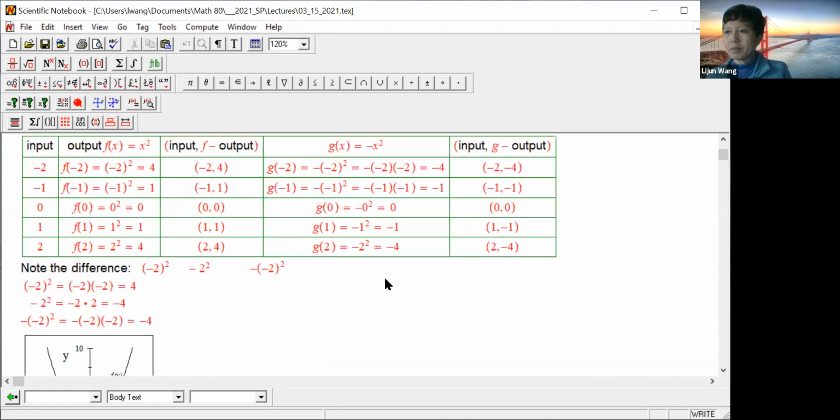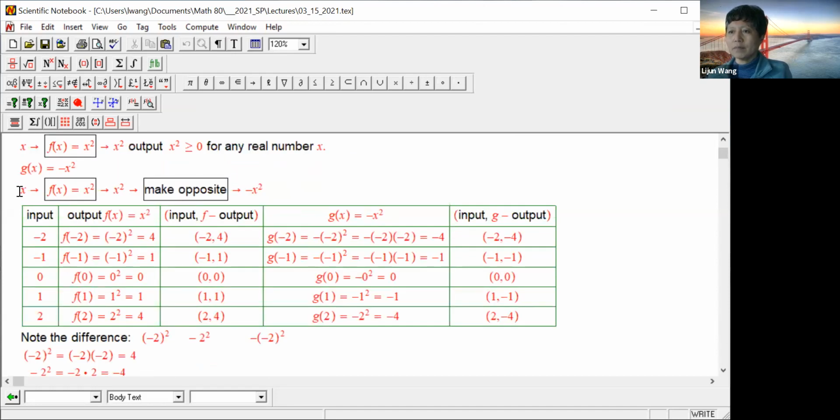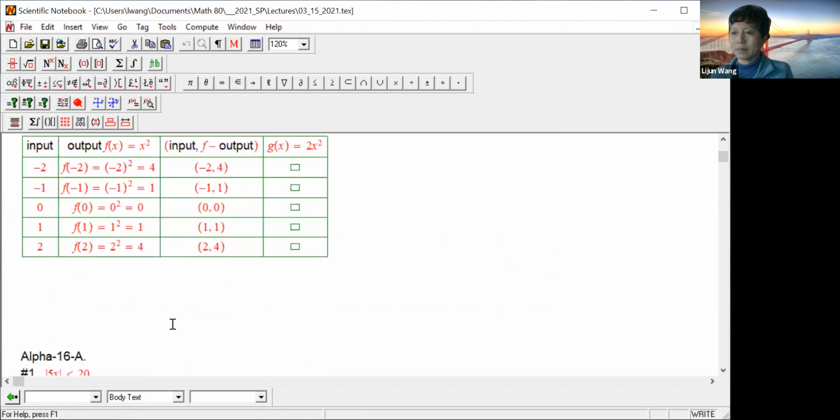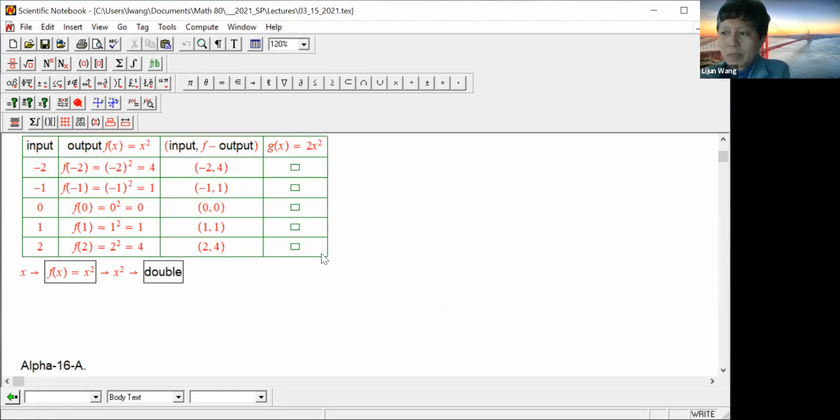If we look from the perspective of function, instead of making opposite, we double. Multiply by 2.